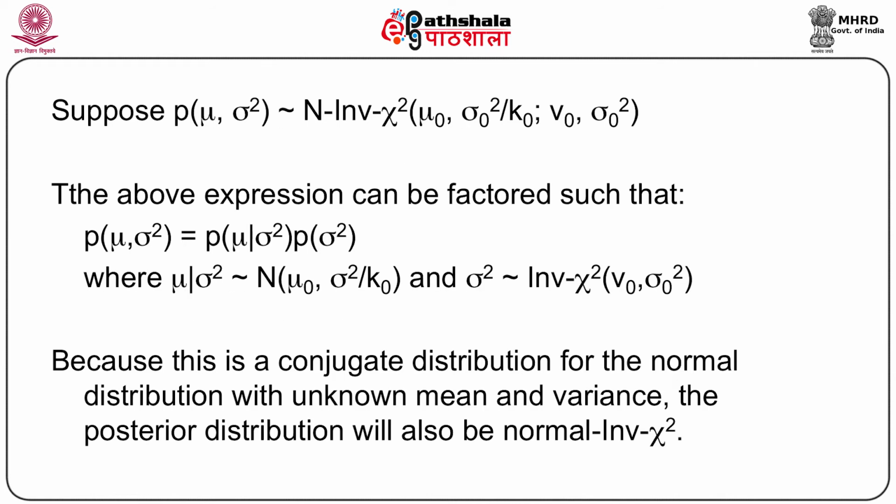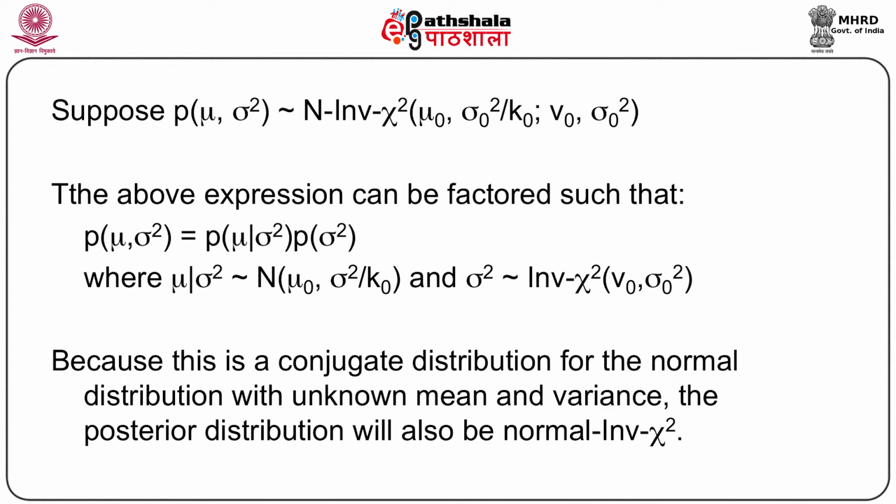So we have already mentioned earlier that the joint distribution of P of mu and sigma square is normal inverted chi-square, with 4 parameters in the prior, and mu given sigma square is normal with parameters mu0 and sigma square over k0, and sigma square is inverted chi-square with parameters v0 and sigma 0 square.